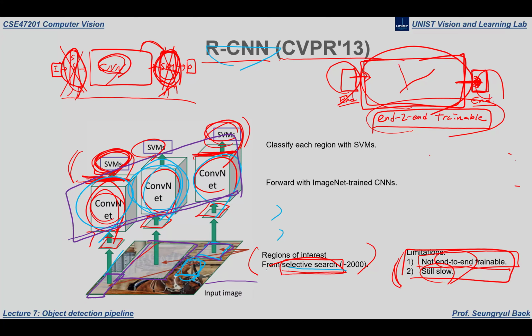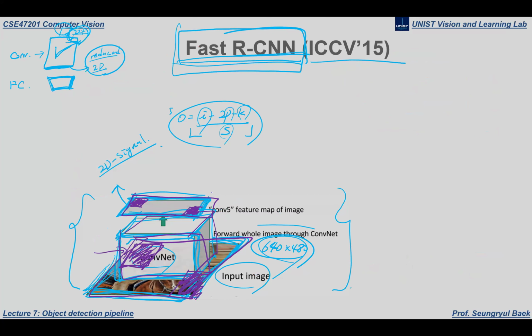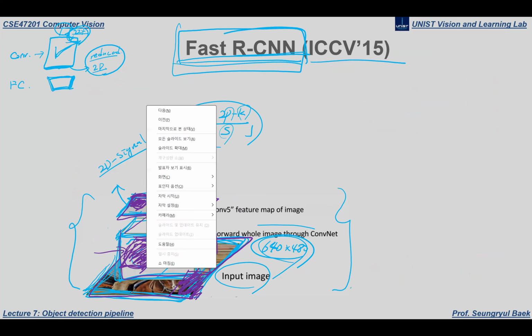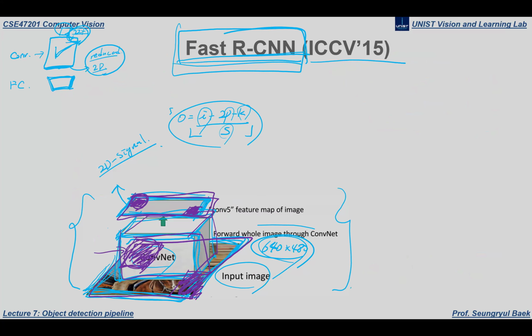But because the feature space retains some spatial information, this part has the features accumulated for this region. So we can now crop the feature space instead of the image space. Are you guys following this?